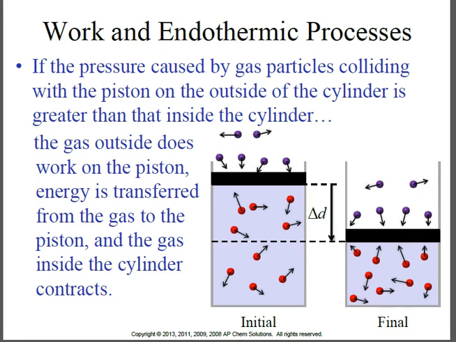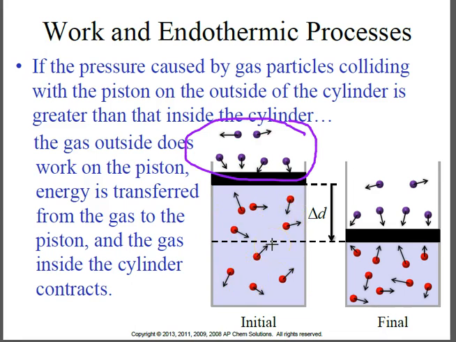All right, let's look at an example of a system that would be doing work. So remember, work is done when a gas expands or contracts. So in this example, we have a gas in this container, and then you have your exterior or surrounding gases. The surrounding gases are hitting the container, and the interior gases are hitting the container as well.